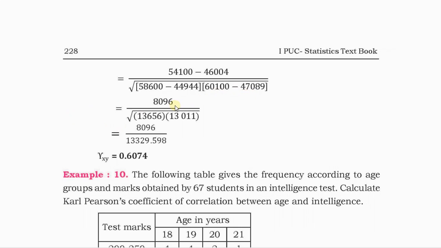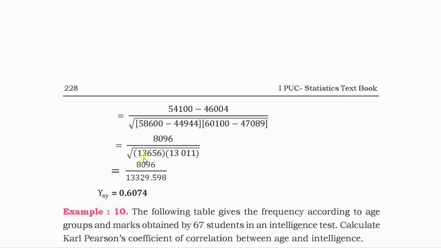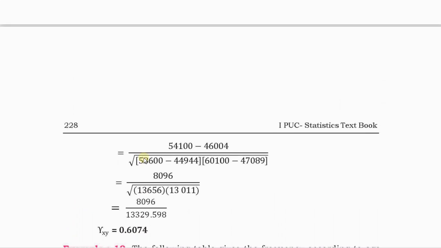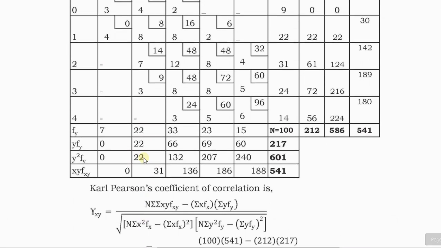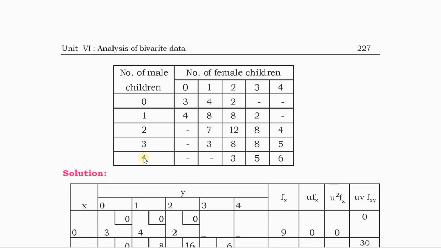So that results into 8096 divided by 136,156 into 13011. So that is 8096 divided by 13,329.598, which results into 0.6074.